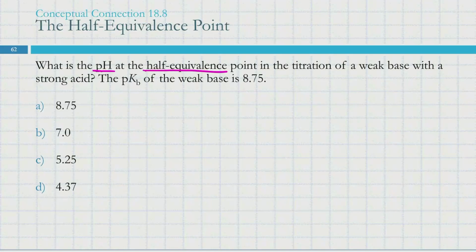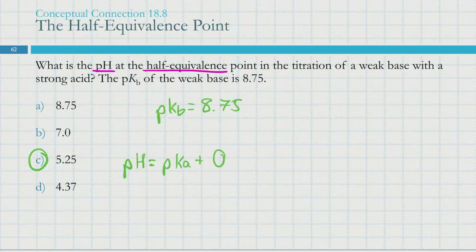The correct answer here is C. Our pKb is 8.75. Henderson-Hasselbalch works for pH and pKa. And when we're at the half equivalence point, that log term turns to 0 because it's log of 1. So pH equals pKa at the half equivalence point.